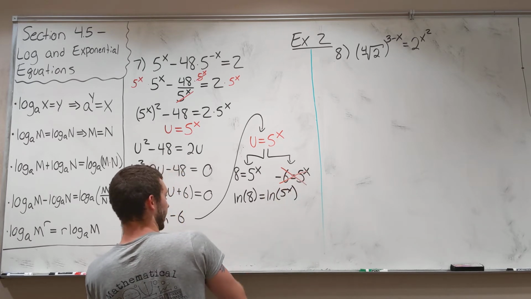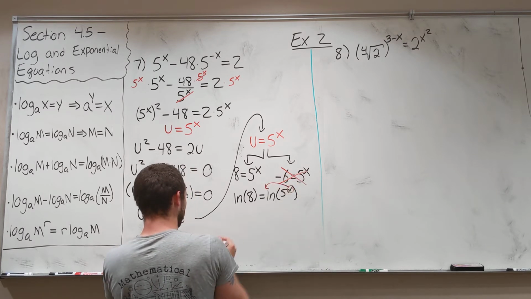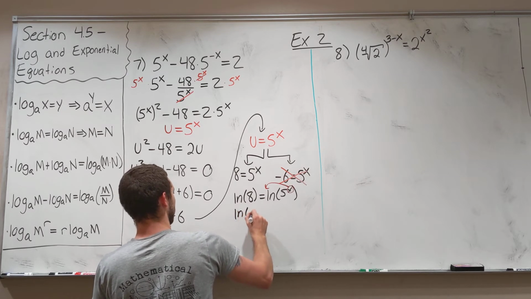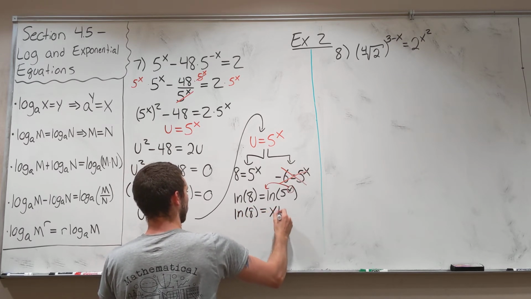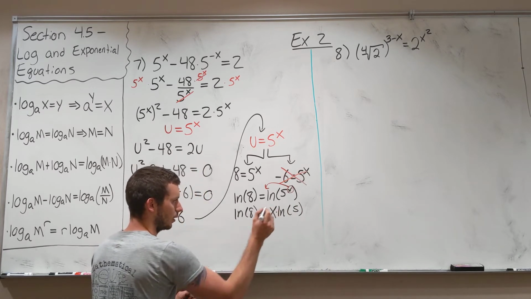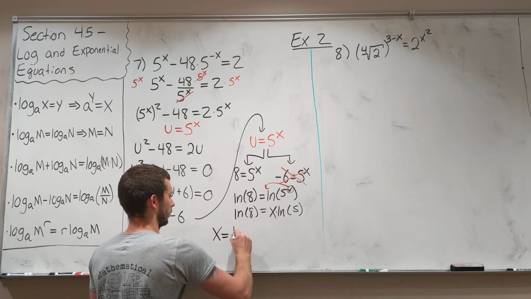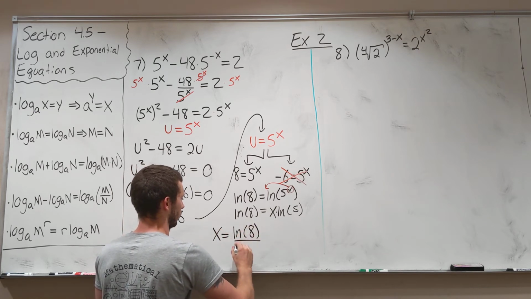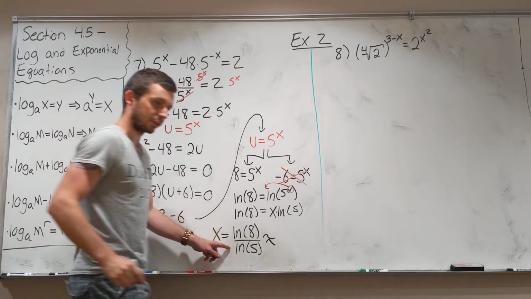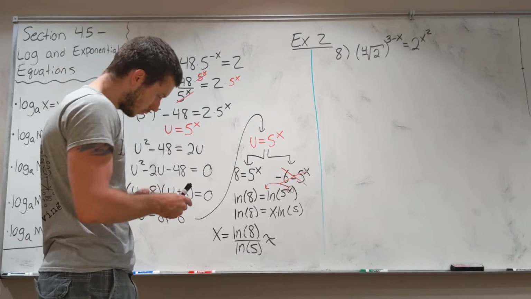It allows us to bring the exponent to the front. Finally, we just simply divide by natural log of 5 to get x by itself. So here's the exact answer, and the decimal approximation.